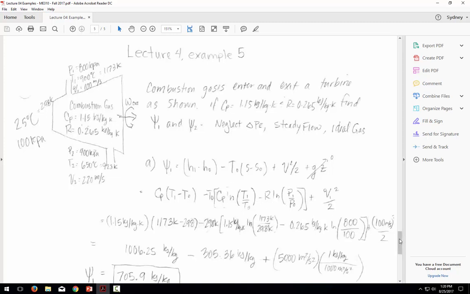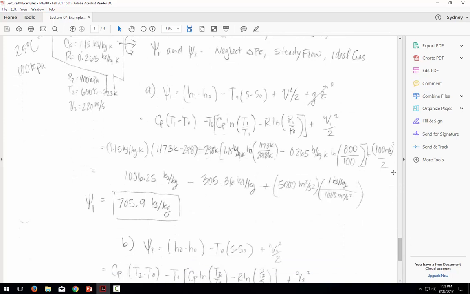And then we must be very, very careful with units, because the units on velocity squared over 2 are meters squared per second squared. That is not equivalent to a kilojoule per kilogram. It's off by a factor of 1,000. So we can combine these terms after we've converted the units of this velocity squared term.